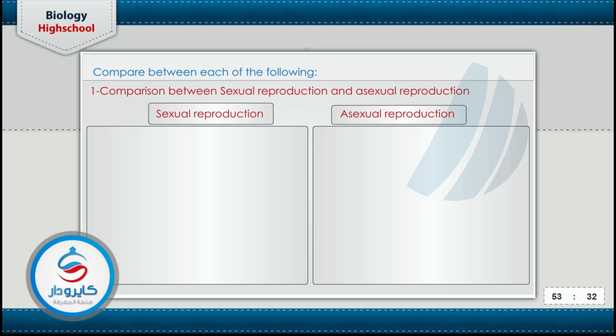But in the asexual reproduction all of them are similar to each other genetically. طيب لما اجي للسexual reproduction الاقي ان السexual reproduction ده need the presence of amount of energy and more time, so that need also biological cost. But in the asexual reproduction it doesn't need more time, doesn't need more energy, doesn't need biological cost.